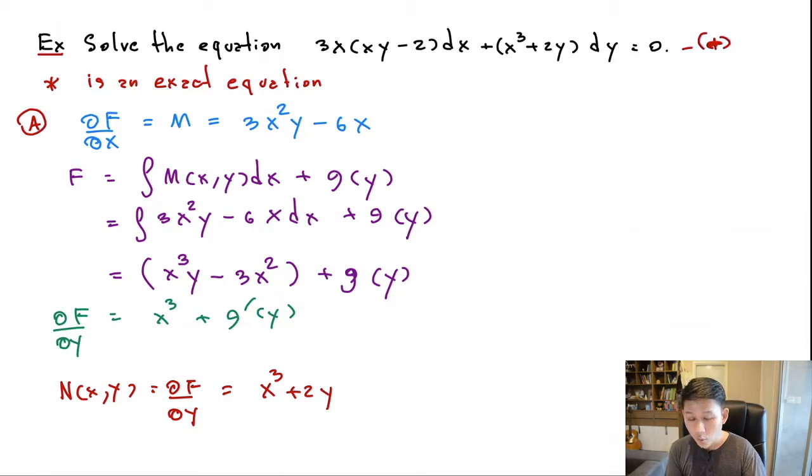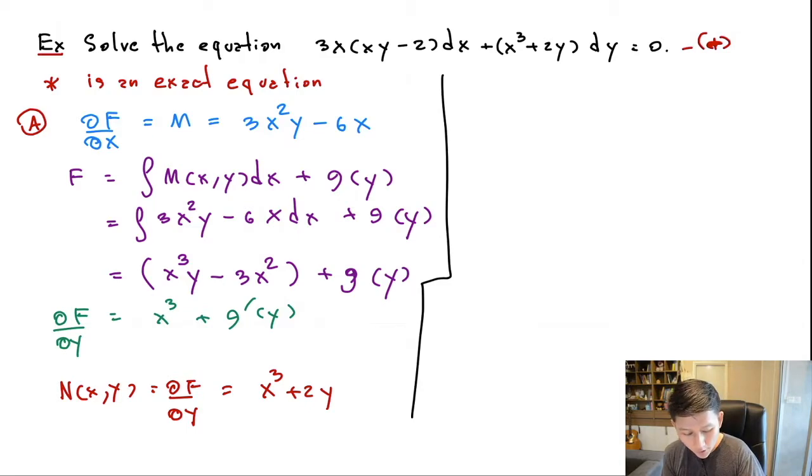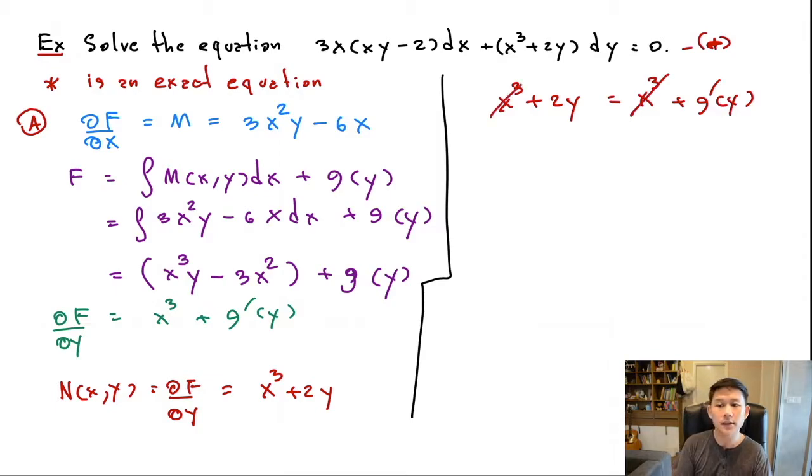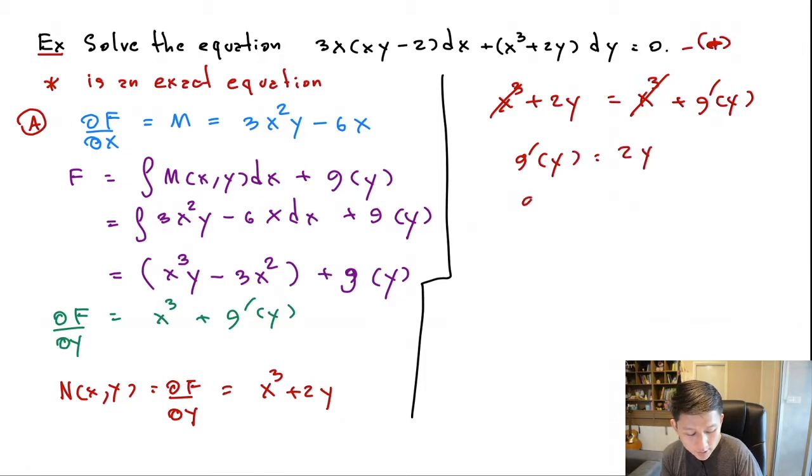So what we have is x cubed plus 2y equals x cubed plus g prime(y). These cancel out, so we have that g prime(y) is 2y, which means that g(y) is the integration of 2y dy, which is y squared.